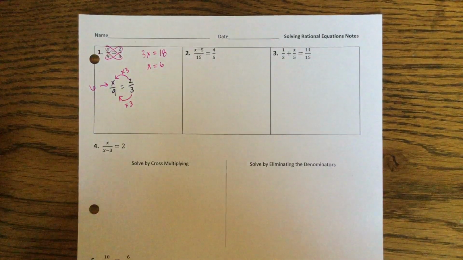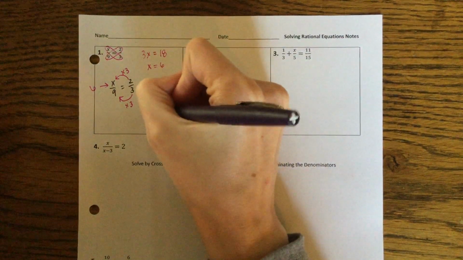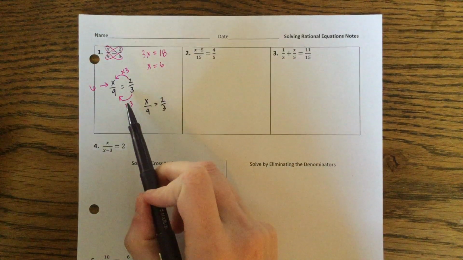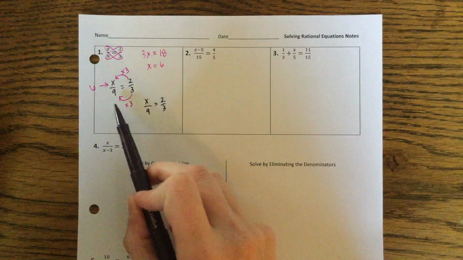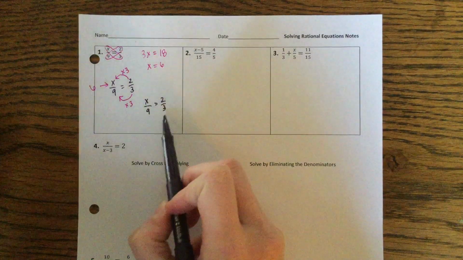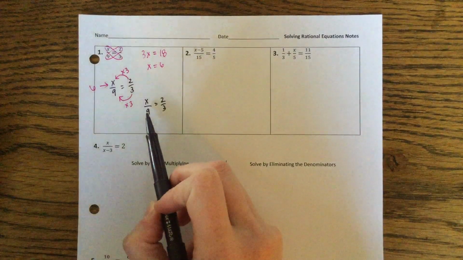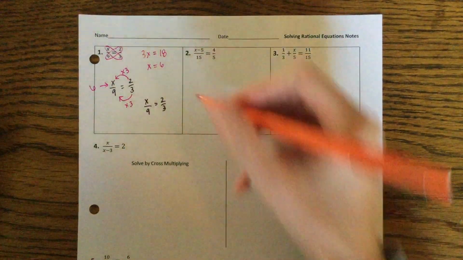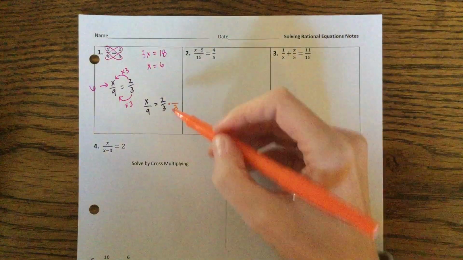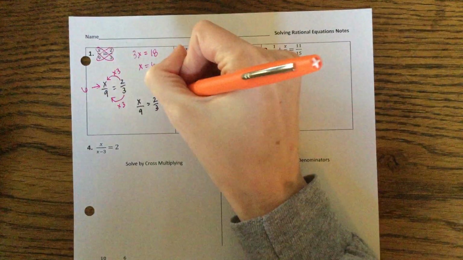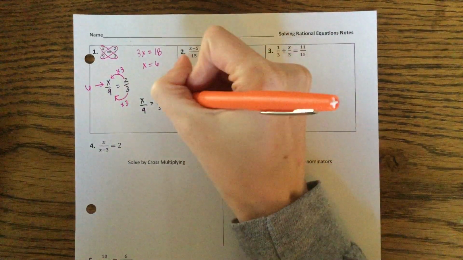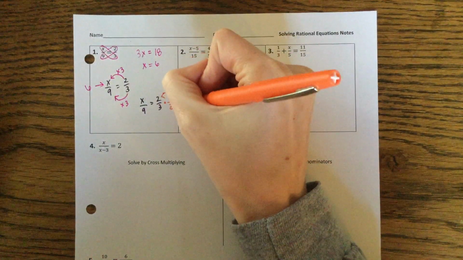Or another option here, with this original problem, x over 9 equals 2 over 3. Kind of similar to the scaling up idea, but instead of thinking of it as getting from one fraction to the other, rewriting this denominator to be the same as that denominator. So multiplying this denominator by 3, and then you would also have to multiply the numerator by 3. And that 3 over 3 is that convenient form of 1 that we keep talking about in class.